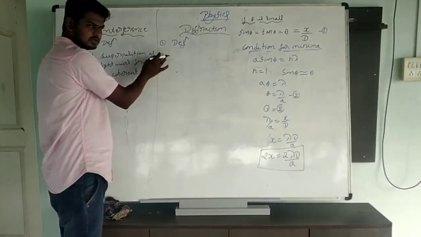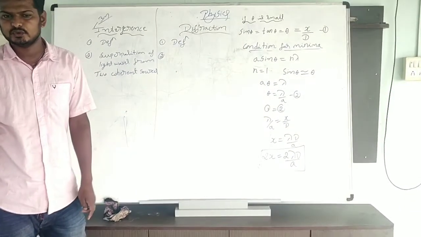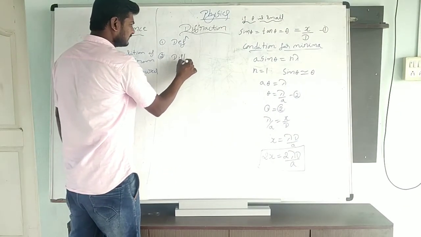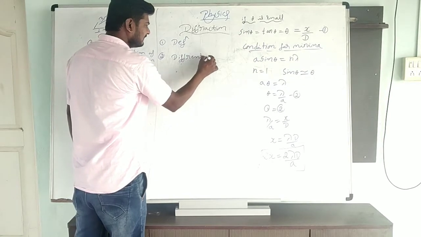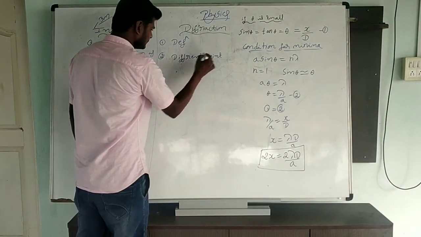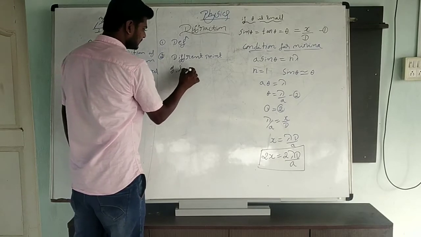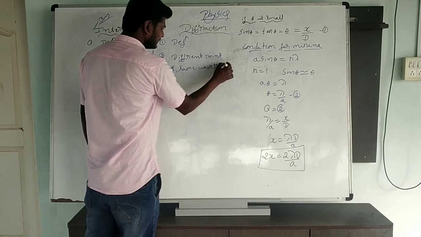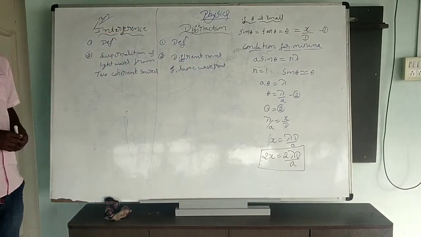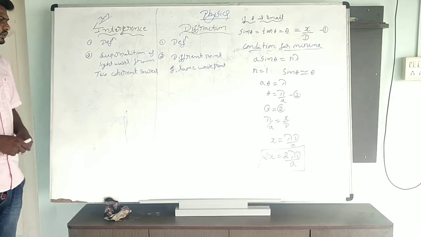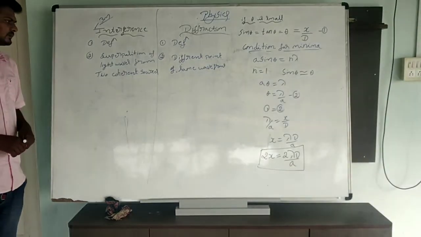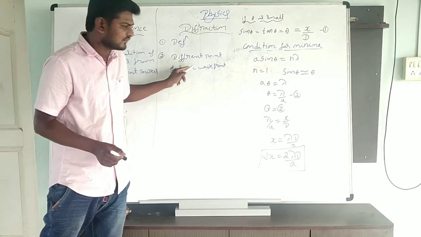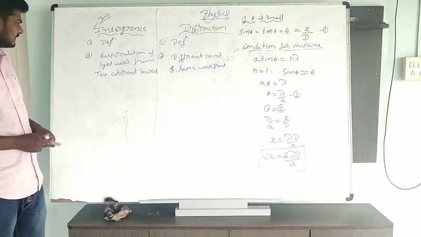Diffraction will also occur due to the superposition of light waves from different points of the same wavefront. This one will be important, keep in mind: same wavefront. You can write: interference will occur due to superposition of light waves from two coherent sources. Here, the superposition of light waves from different points of the same wavefront.